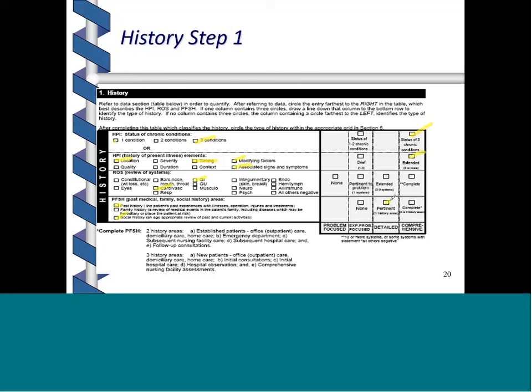So I will tell you, except for your initial visit, your highest level initial visits, one history area, again, if you utilized your medication list, would be sufficient for any level service you're going to do. 2 to 9 review of systems areas is all you're going to need for the highest level you would be billing. And then 3 or more chronic conditions or 4 or more HPIs is the most that you would need.